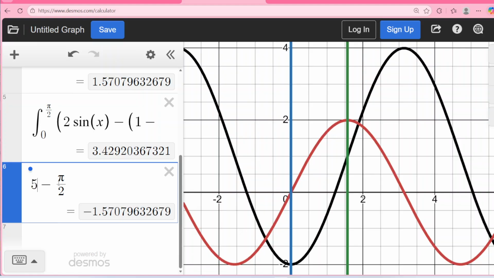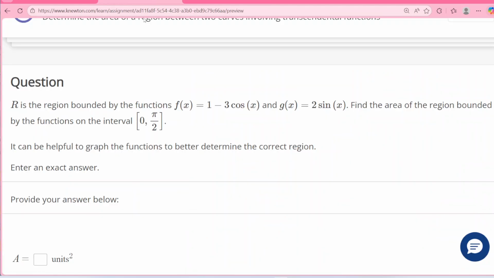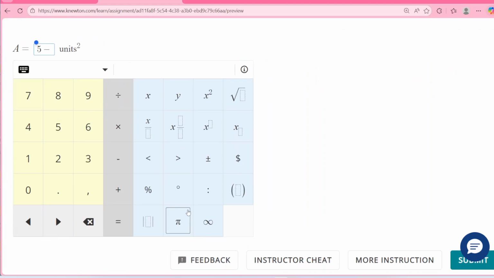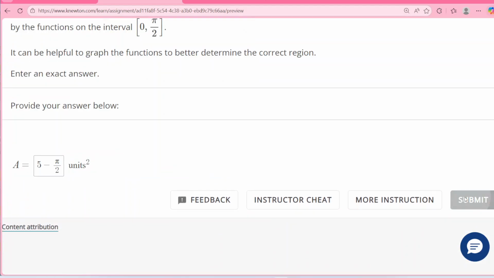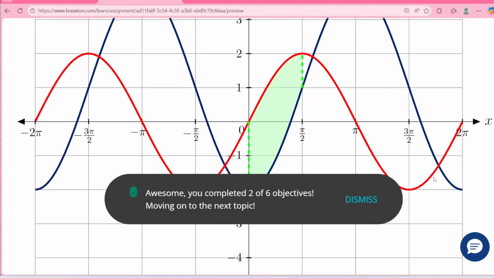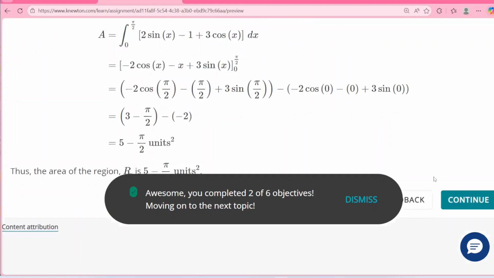Change this to 5, and you see the exact same value for that integral, describing the area between them. It was the same limits, 0 to pi over 2. Good. So 5 minus pi over 2 square units. Great. Again, same kind of picture there, showing the region.